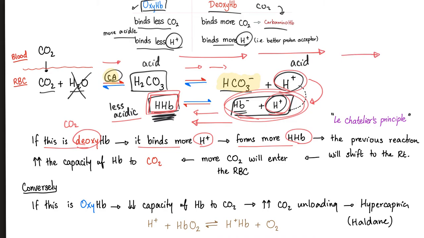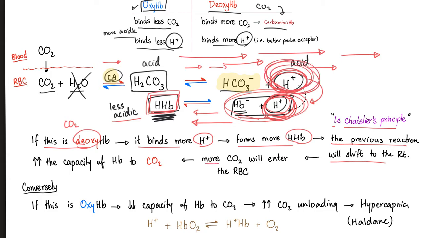The direction will be to the right to produce more protons because you are consuming all of the protons that I've produced. When you consume all of the protons, I will make more protons to make it balance. This is called Le Chatelier's principle. This previous reaction will shift to the right in order to produce more protons.